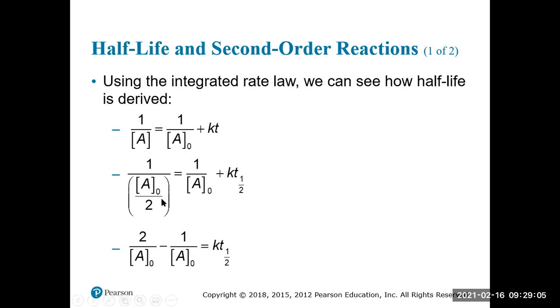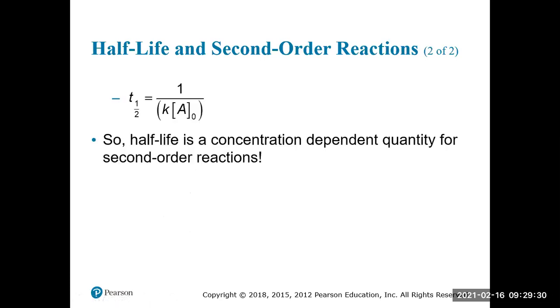The first thing we do, similar to the last time, is we say, if we're talking half-life, then this concentration A on the left-hand side is really A sub 0 divided by 2. And our time is the half-life time. So we start doing the rearrangements, we get our next equation there below, do a little bit more rearrangement, and we see that the half-life time is equal to 1 over K times the initial concentration.